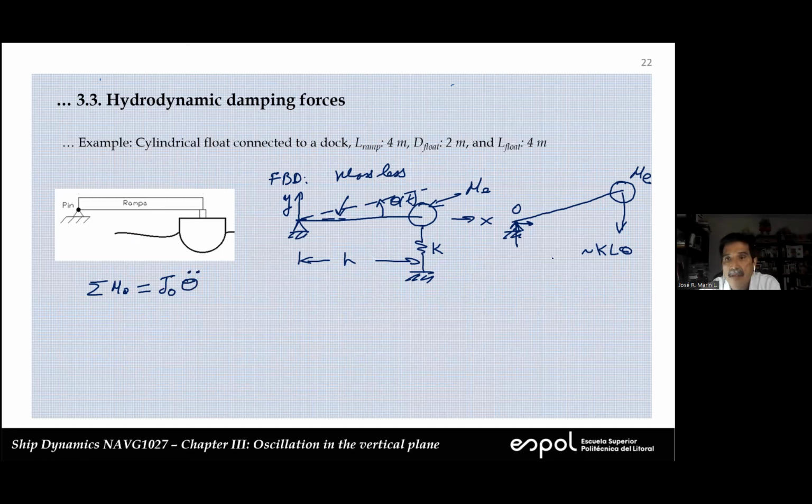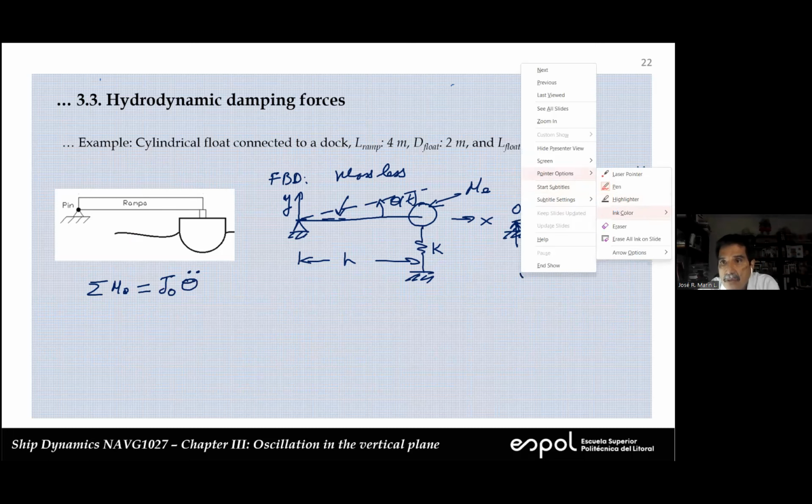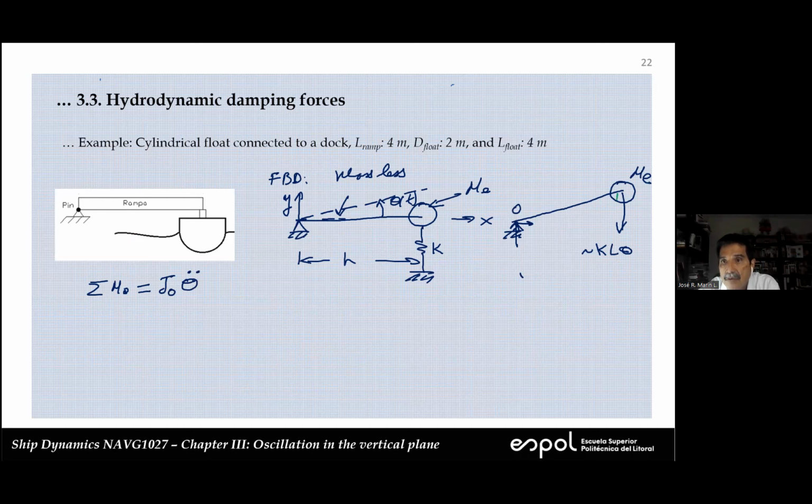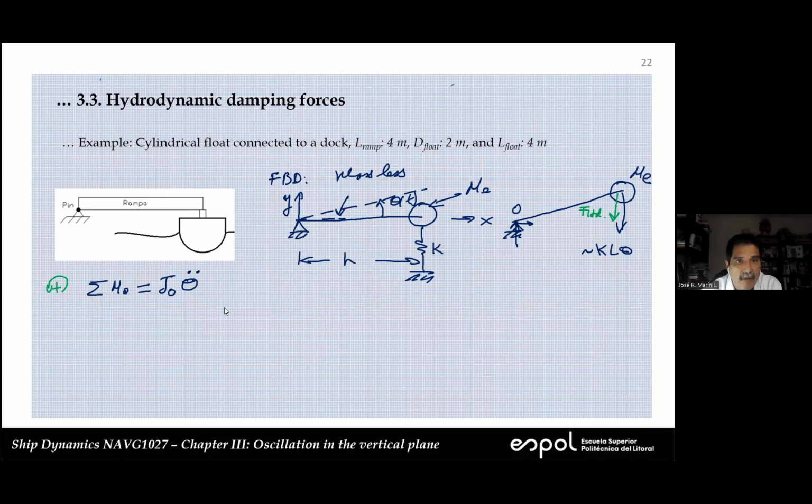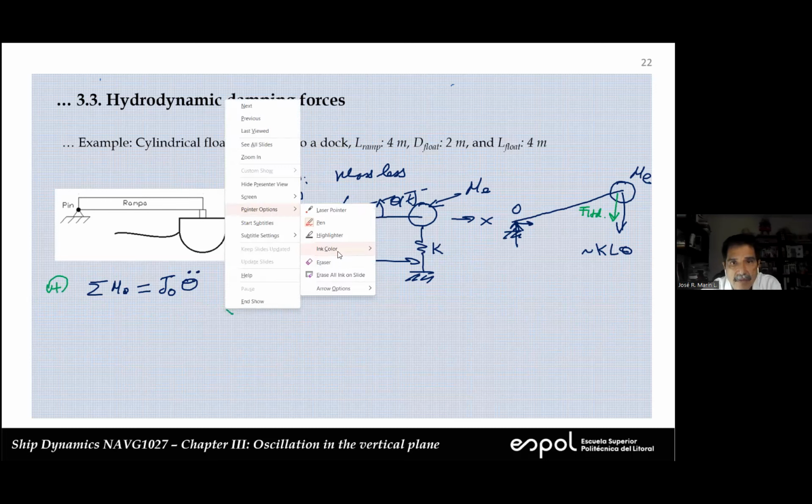Here, I'm sorry, I have to include another force. It is a hydrodynamic force. This is the positive. Let me change color.